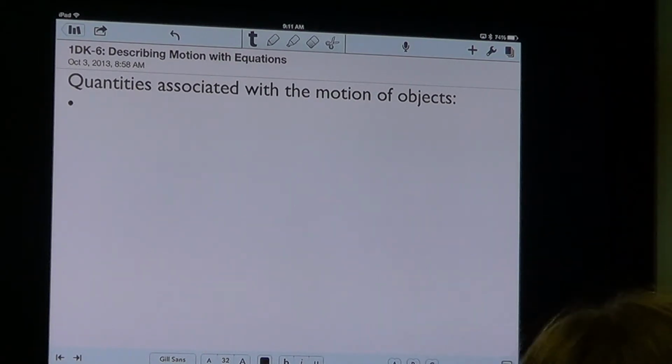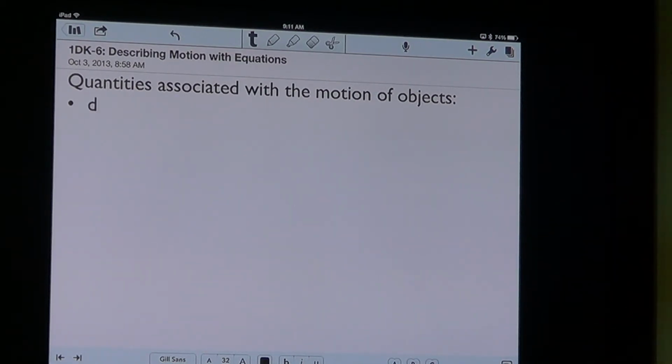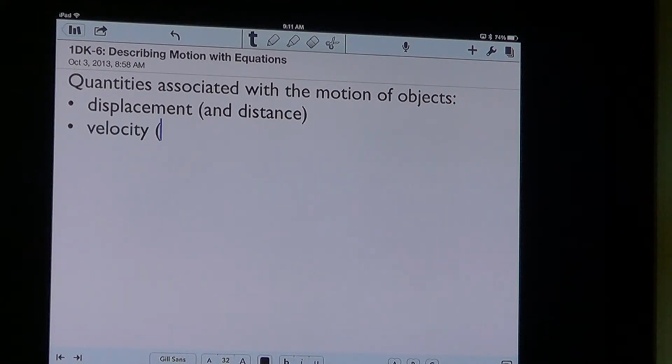Right, exactly. So displacement, which is distance with direction. Velocity, which is speed with direction. What else did we say? Acceleration.